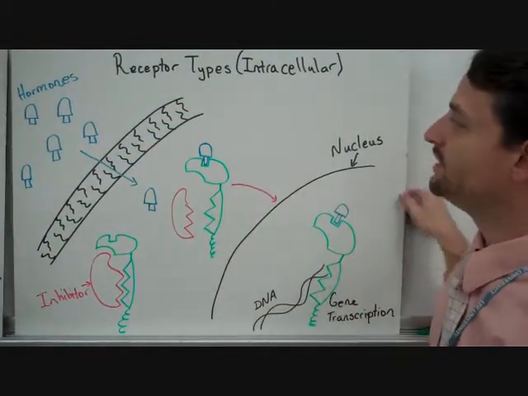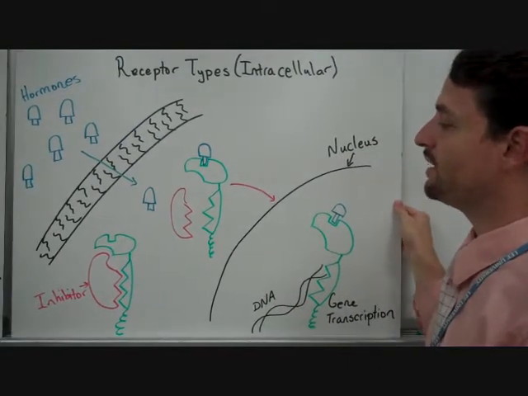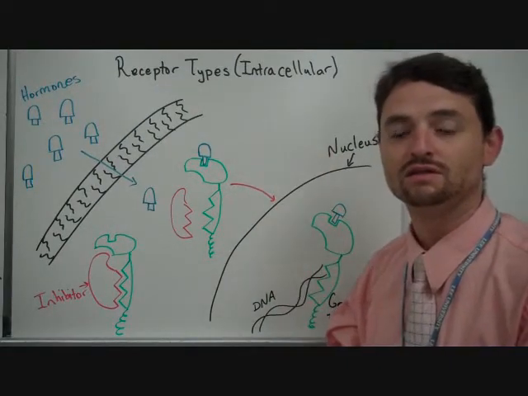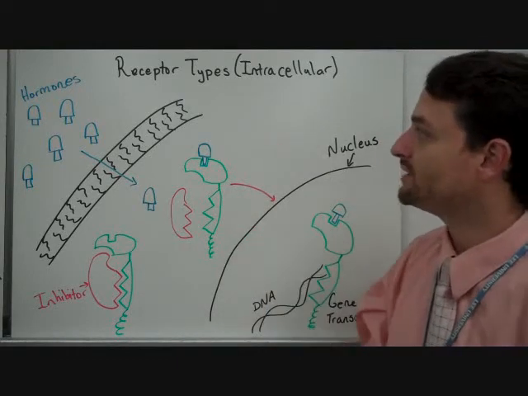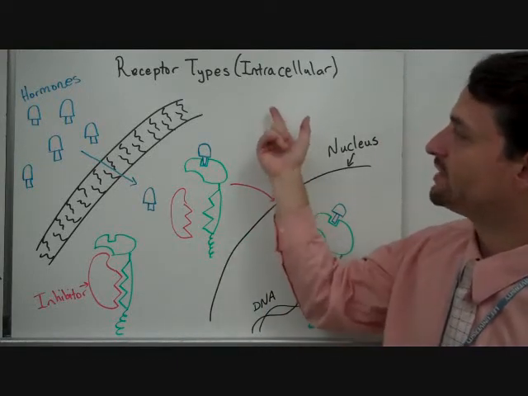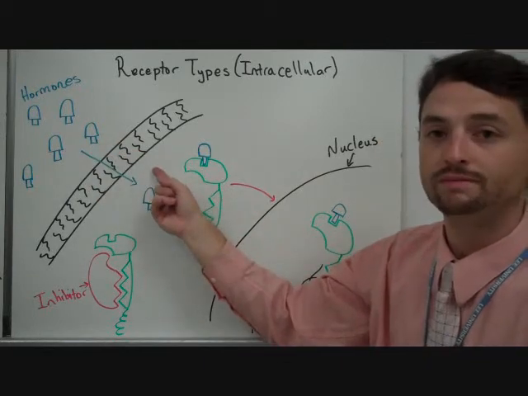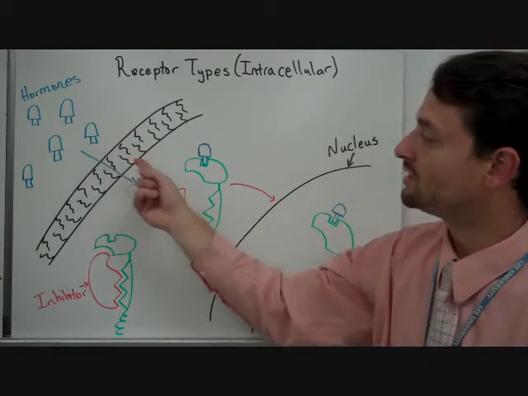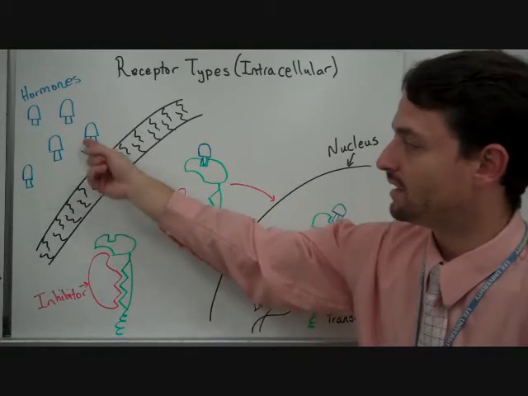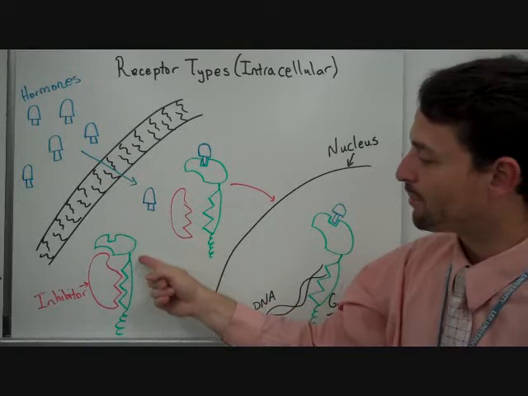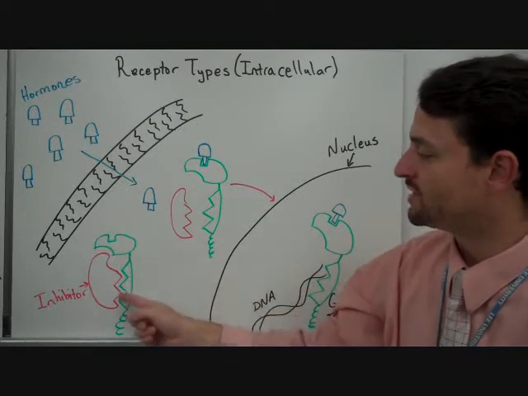The last one here is a receptor type, the intracellular receptor. In the intracellular receptor, we're talking about hormones crossing the cell membrane. When hormones cross the cell membrane, because they can, they're hydrophobic, they will then bind to a protein over here. So here's your protein receptor.